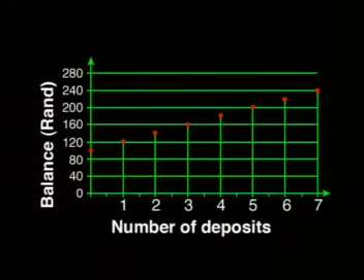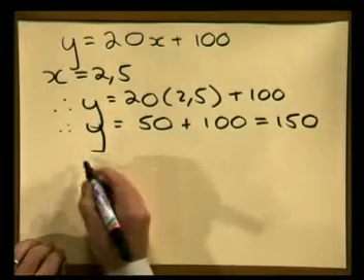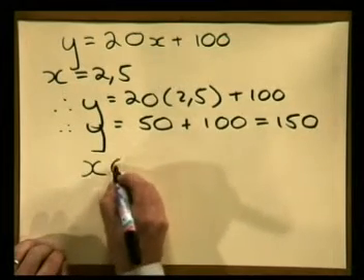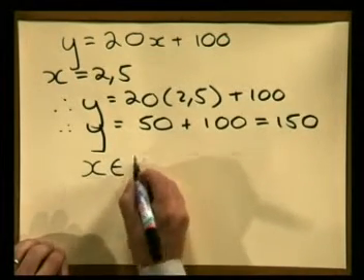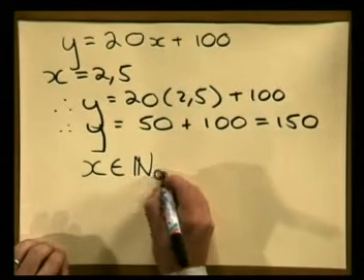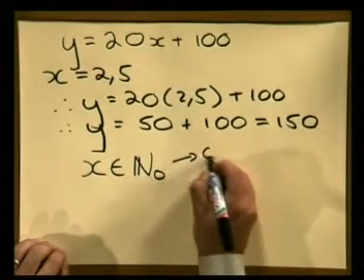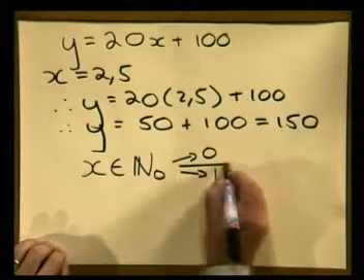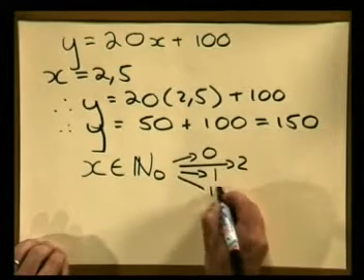We need to determine the values that are admissible or allowed. In this case, the input values are whole numbers, and we can write that like this. x is an element of the set of whole numbers. Now, examples of whole numbers are 0 or 1 or 2 or even 1,000.